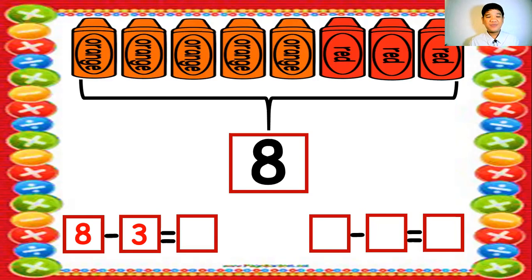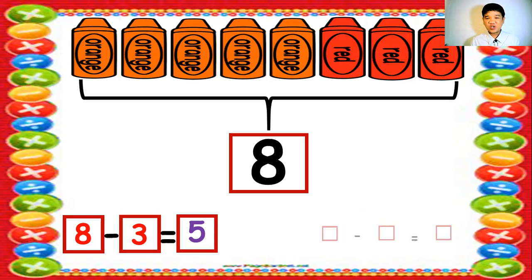We have 5 orange crayons. So 8 minus 3 is equal to 5. 8 is our minuend, and 3 is our subtrahend. And what is our difference? Our difference is 5.